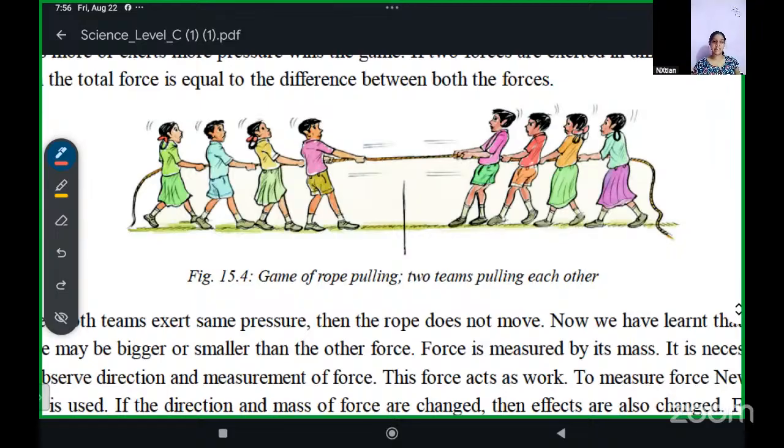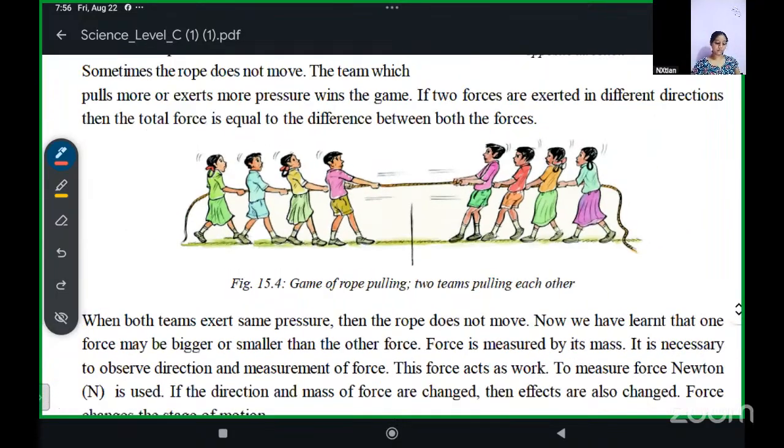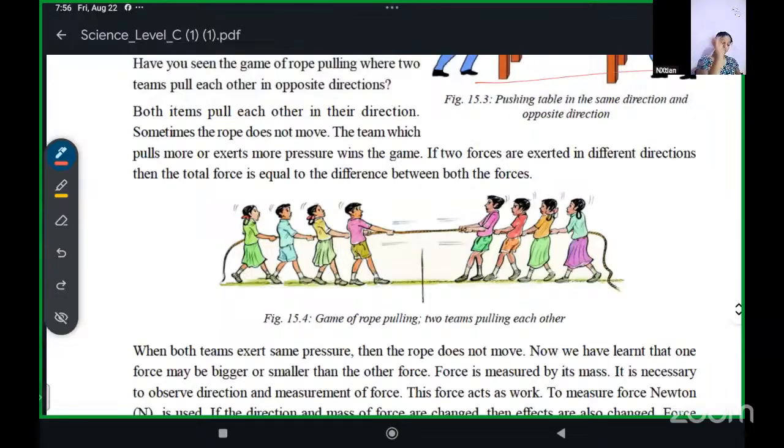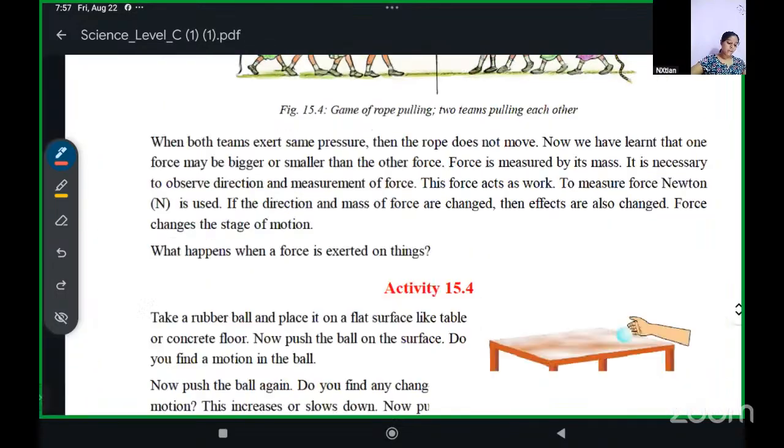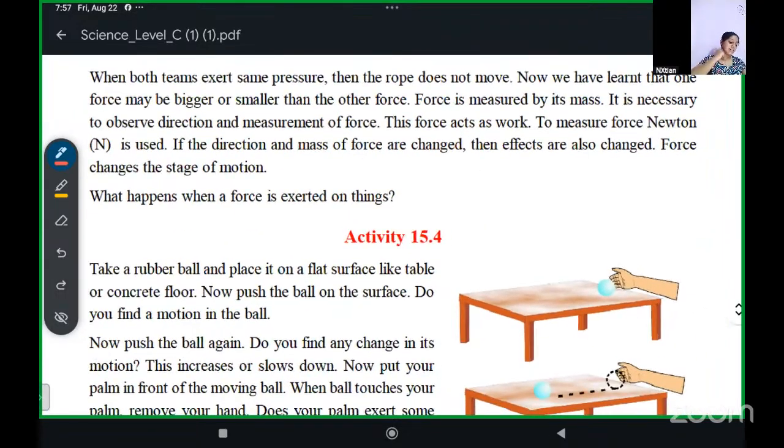Both teams pull each other in their direction. Sometimes the rope does not move. The team which exerts more force will win the game. If two forces are exerted in different directions, then the total force is equal to the difference between both forces. When both teams exert the same force, the rope will not move.